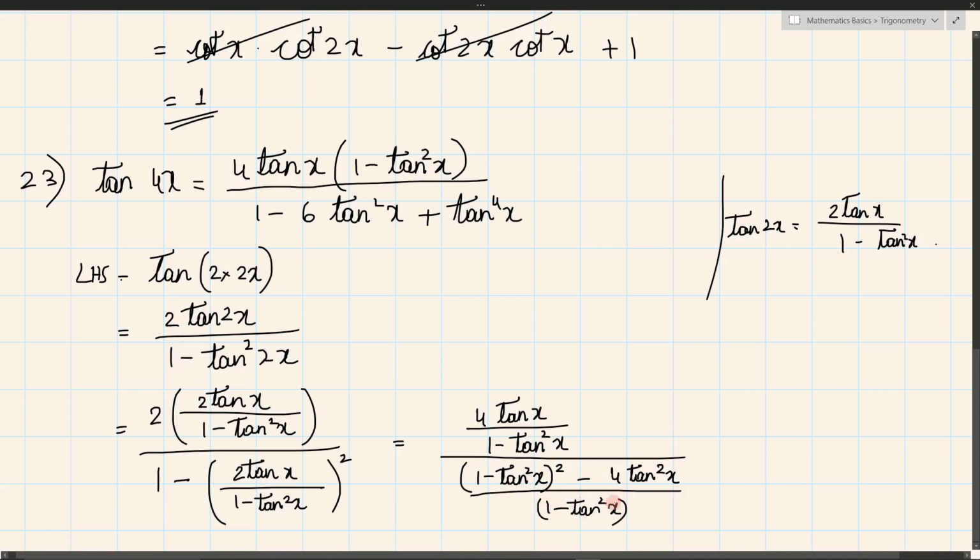So whole square here. So this whole term will be cancelled with this square.